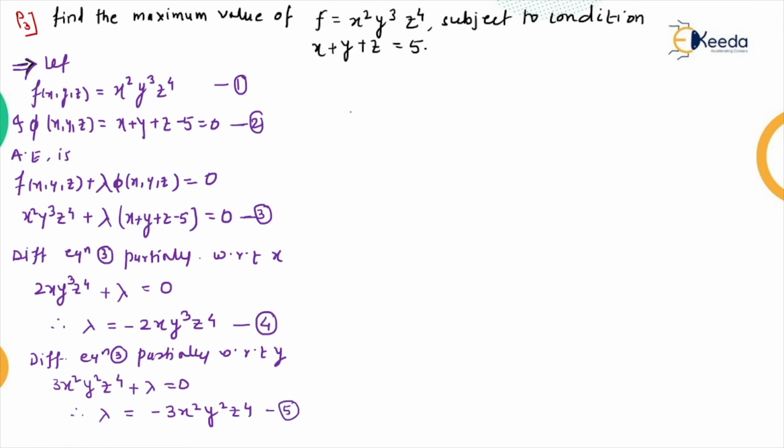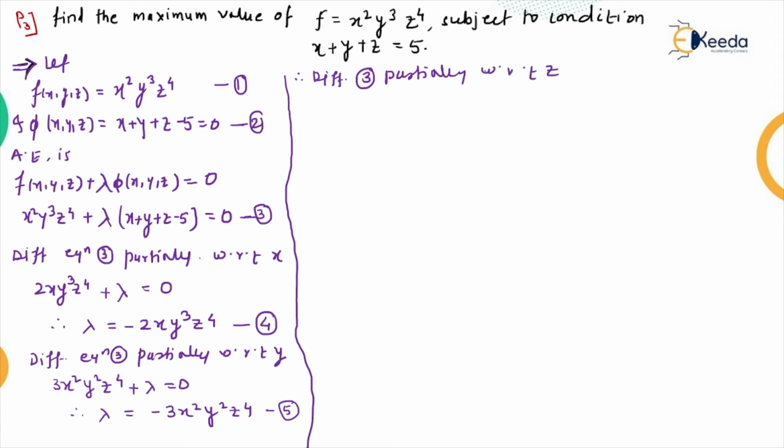Again we have to differentiate. The remaining variable is z, so differentiate equation 3 partially with respect to z.